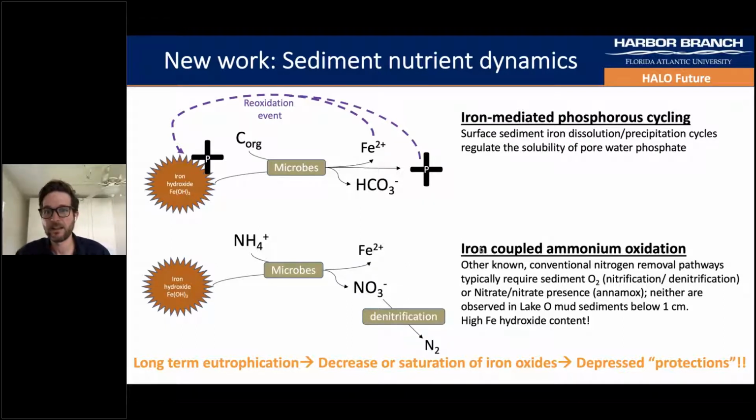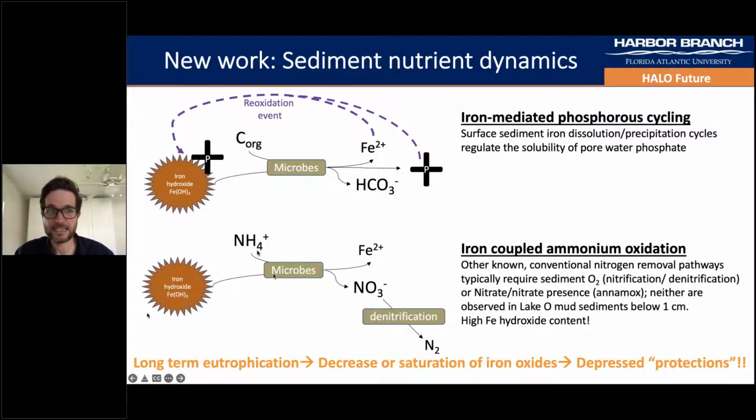so it should be an even stronger process in our system. Because we don't have oxygen in our sediments, and because we don't have much nitrate or nitrite, in theory there's really no other pathways that could result in that ammonium removal over time that we think that we see.